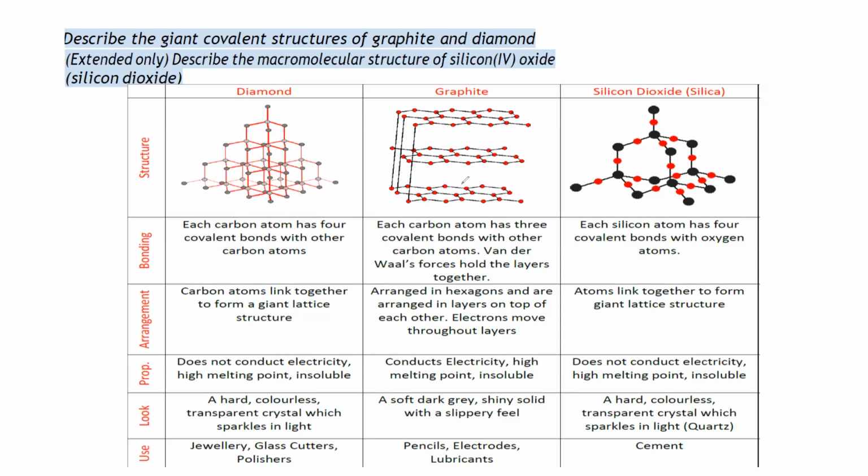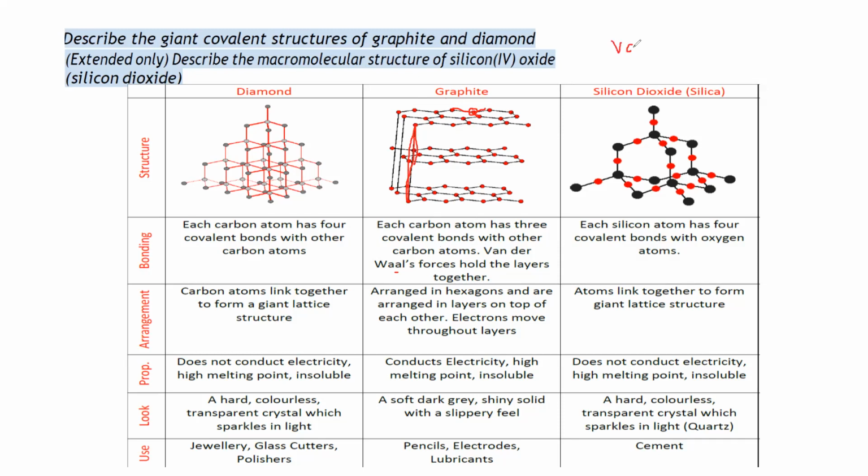When you check graphite, each carbon atom has 3 covalent bonds. You can see if I pick any one of the carbon atoms, it has 3 covalent bonds, 1, 2 and 3 with other carbon atoms, and van der Waals forces hold the layers together. Actually, this line is representing a van der Waals force, the force between the layers, the force between the molecules, having a specific name.